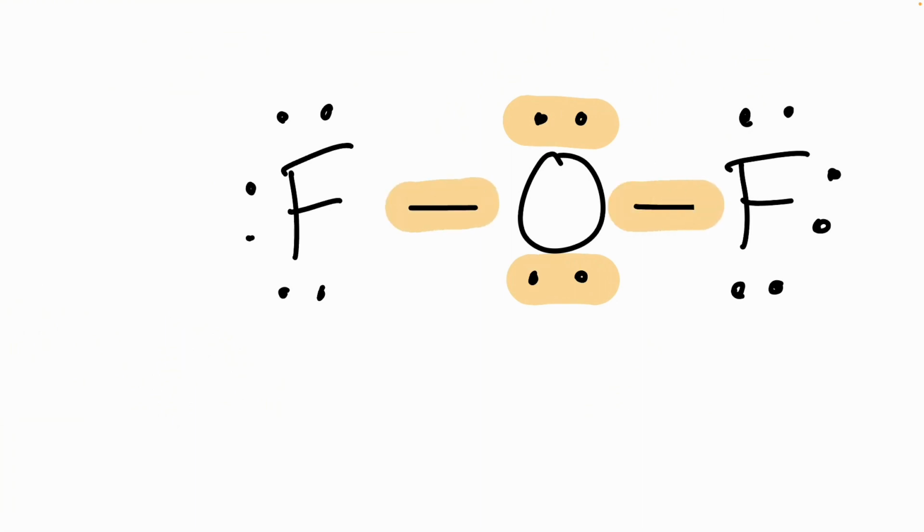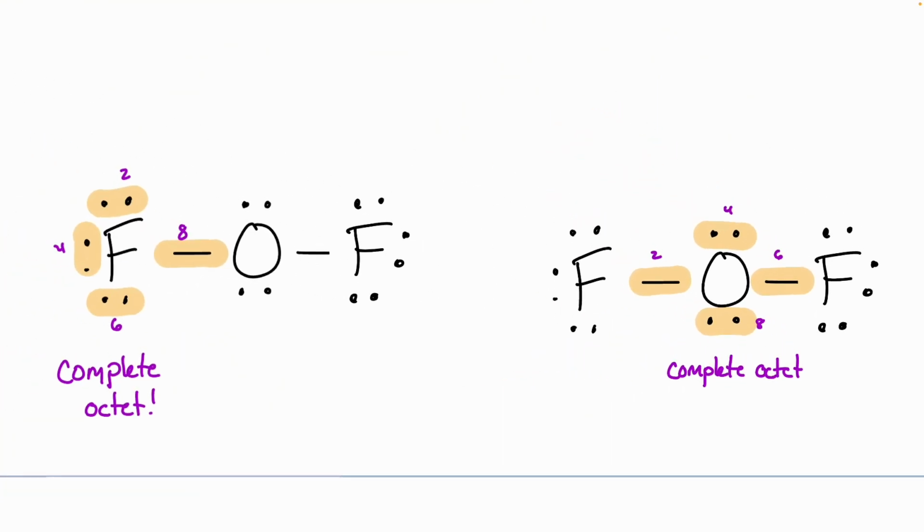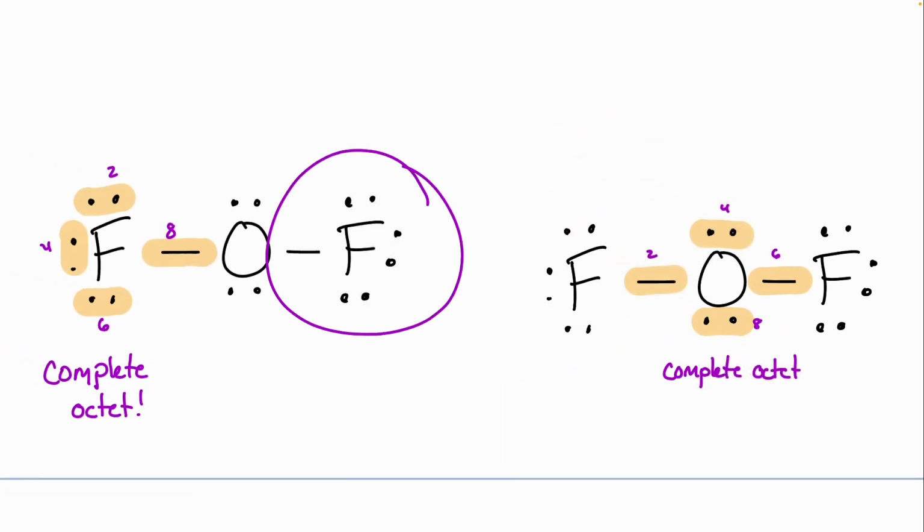All right, 2, 4, 6, 8. It indeed has a complete octet. And we can convince ourselves that the fluorine on the other side is the same as that first fluorine. It's got three lone pairs and 1 bond, bringing it up to a total of 8. All right, so that's why elements will form bonds with other elements: to complete their octet.